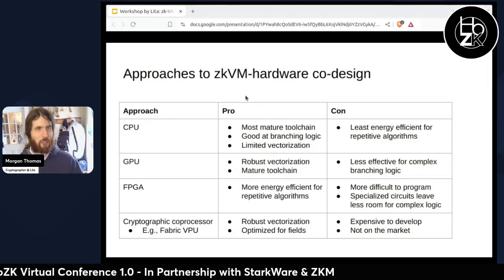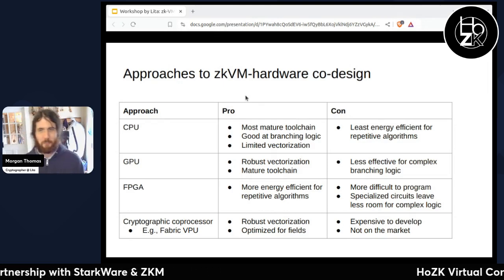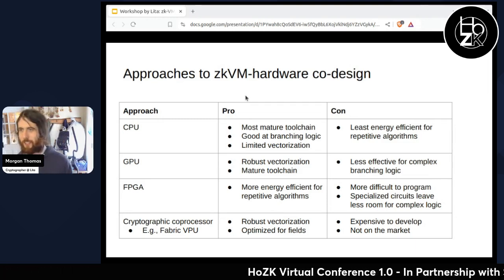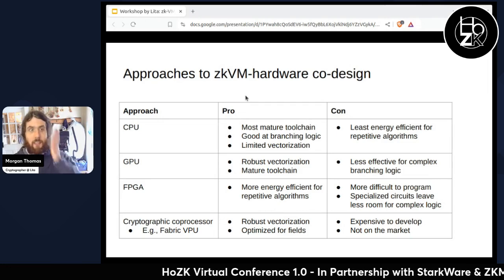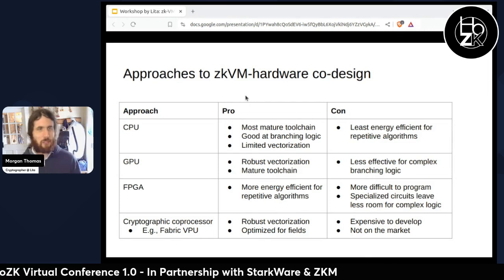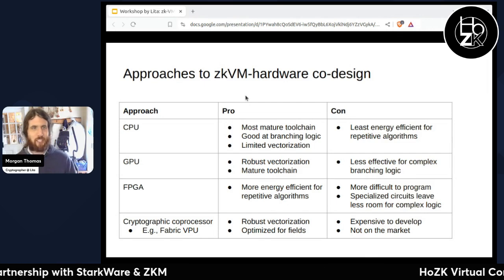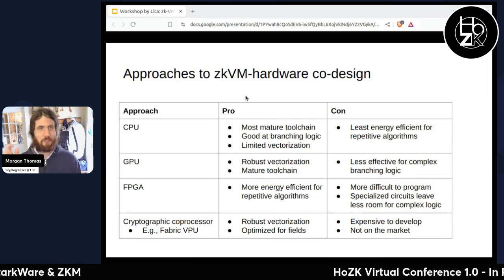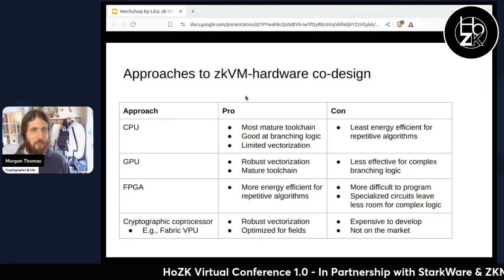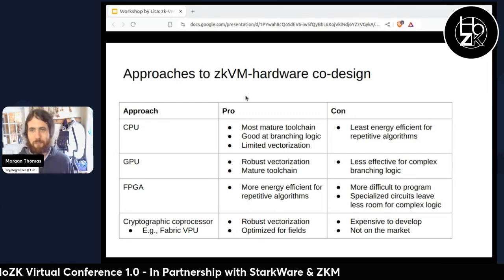It's not as mature and well understood as the tooling for CPUs, but it is better in that respect than the other things further down this list, I think. The major shortcoming of GPUs relative to CPUs is that they're less effective at really complex branching logic. When you have to do different things on each element of a list, using a GPU may not turn out to be a win.